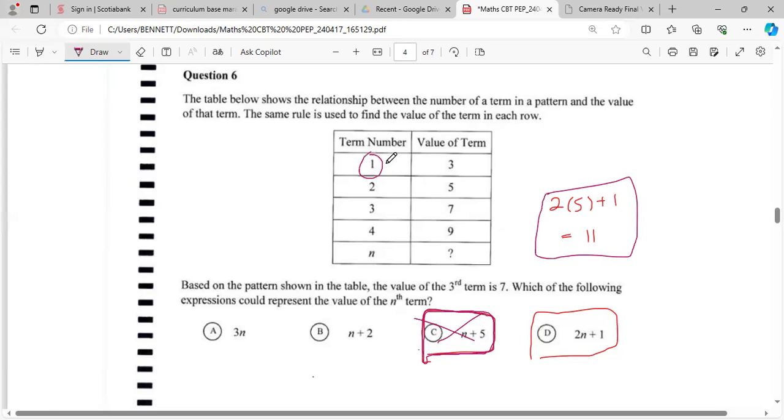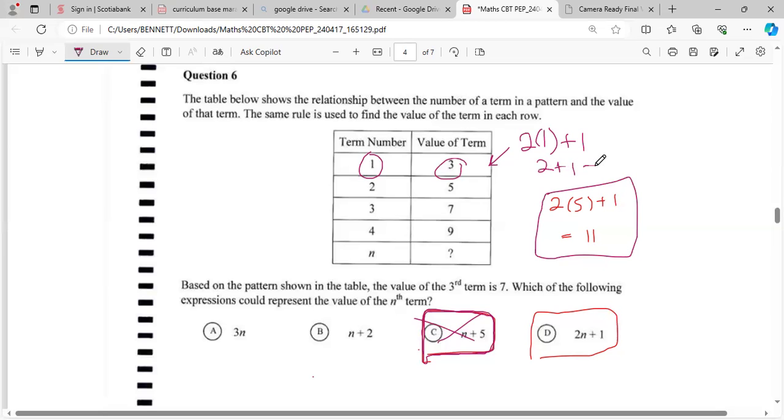As you said, all of this is n: 1, 2, 3, 4. So you put n where the n is in 2n. 2 times n would be 2 times the 1. I'm just showing you how they get the 3. And then you add 1. 2 plus 1, 3.